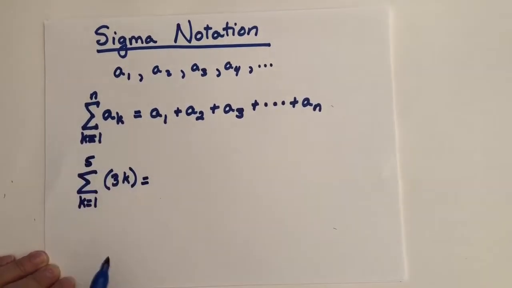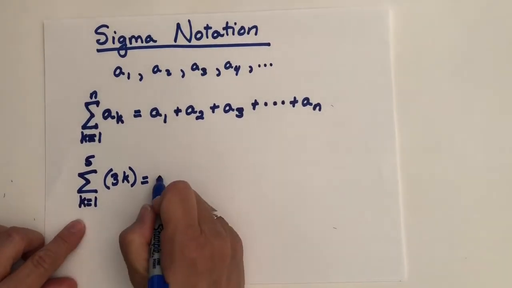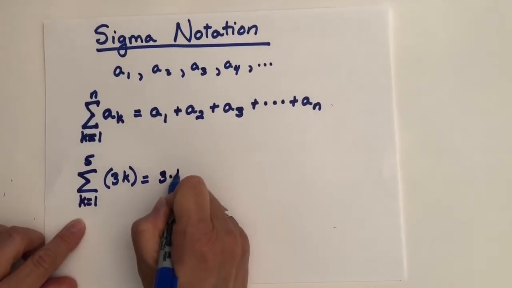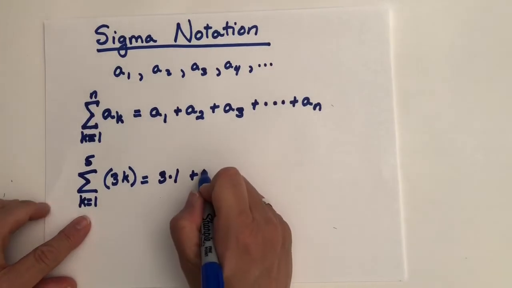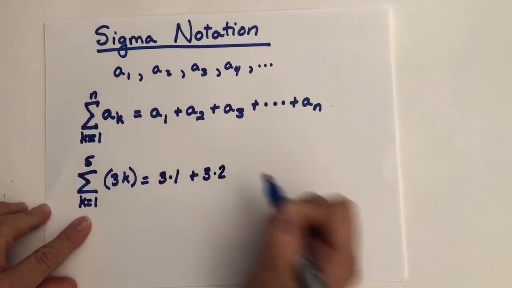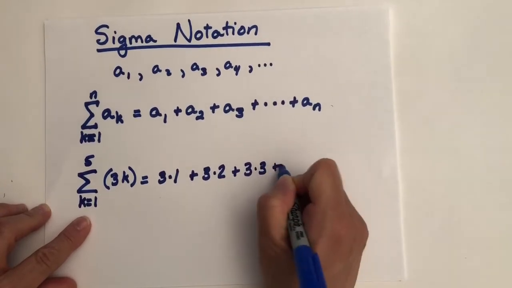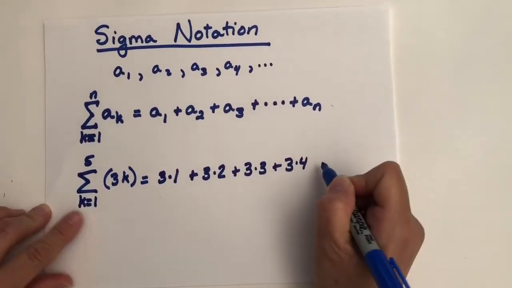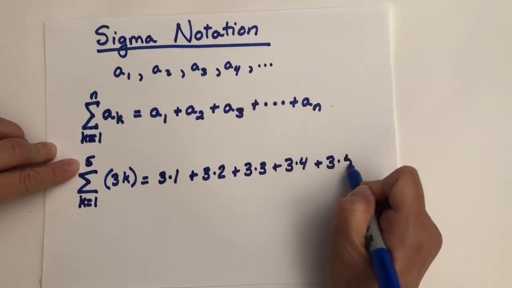So we start with k equals 1 and substitute it into the expression. So we have 3 times 1 plus, right? The summation means you're going to add. We substitute k equals 2 into the expression, and then k equals 3 and k equals 4. And we stop when we get to this number, k equals 5.